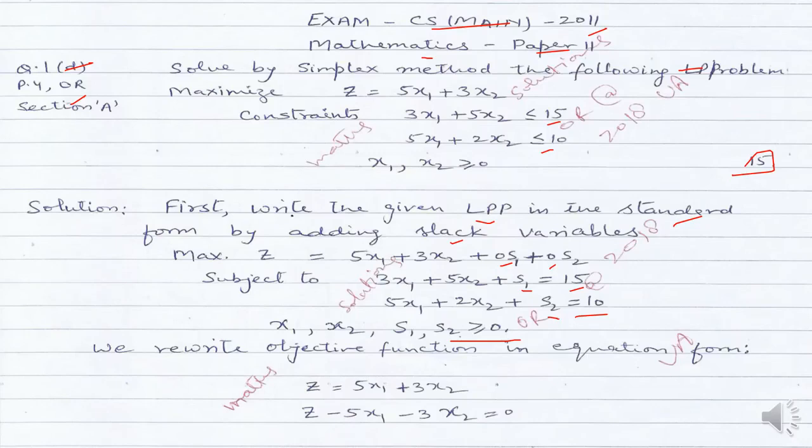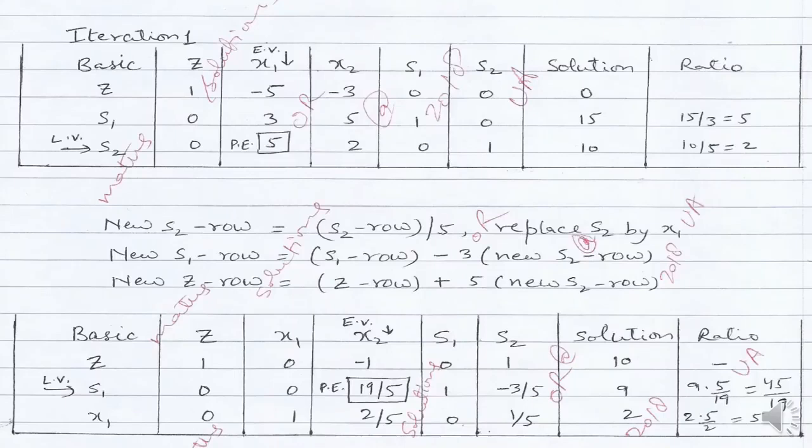We rewrite the objective function in equation form and bring these terms to the left hand side. So this becomes z − 5x1 − 3x2 − 0s1 − 0s2 = 0. We solve the problem by Simplex method. We write down the problem in tabular form and call it iteration 1, in which s1 and s2 are basic variables, the value of s1 is 15 and the value of s2 is 10.